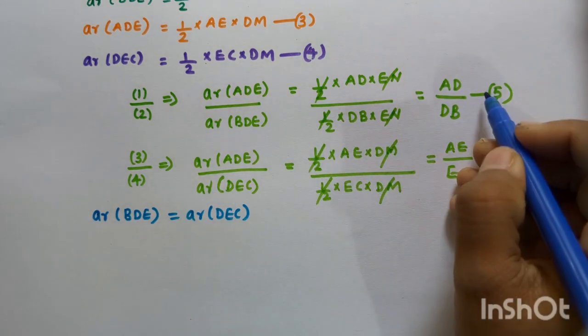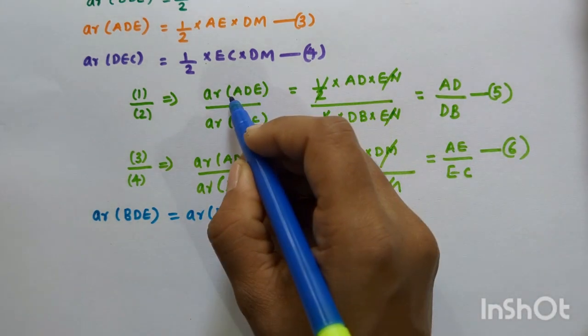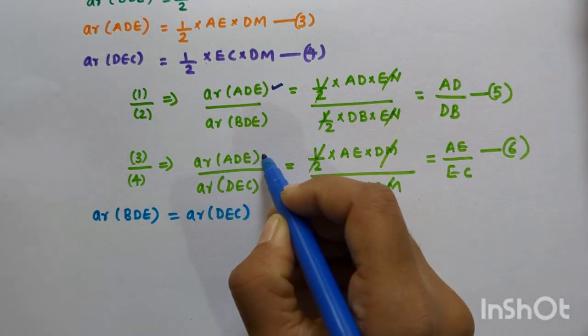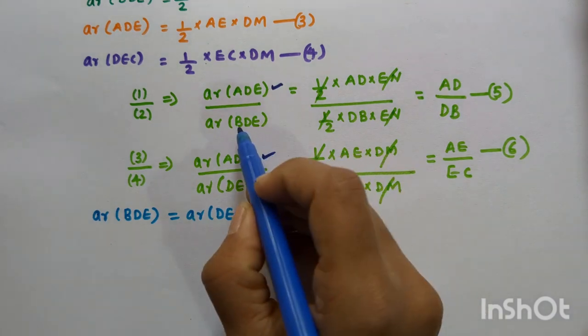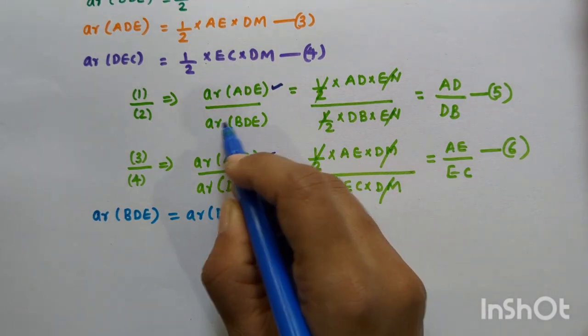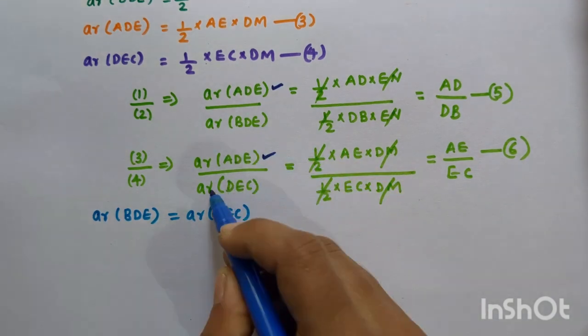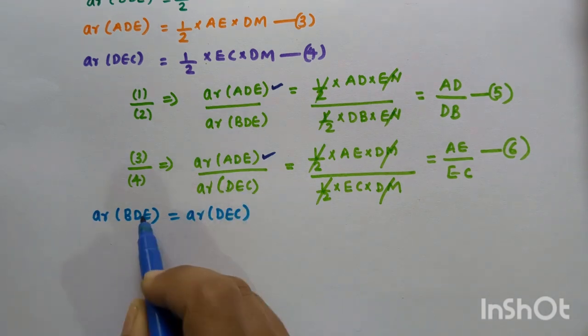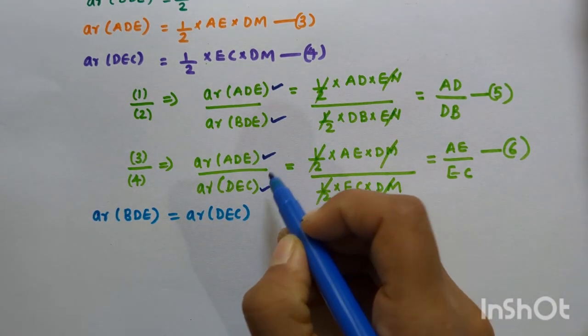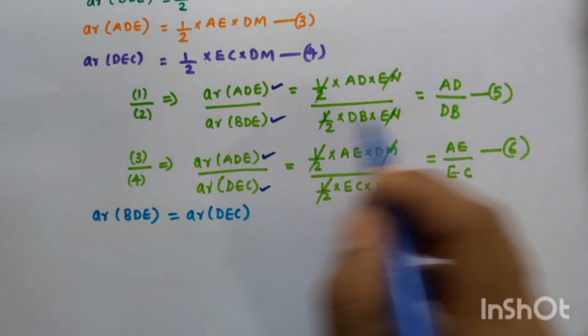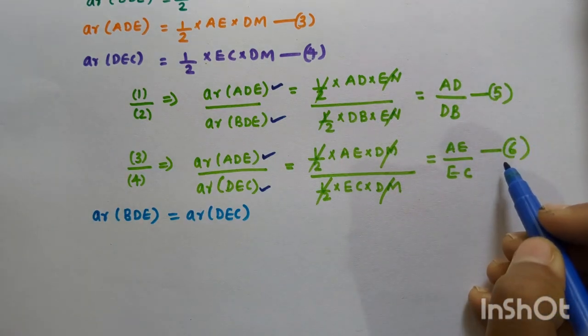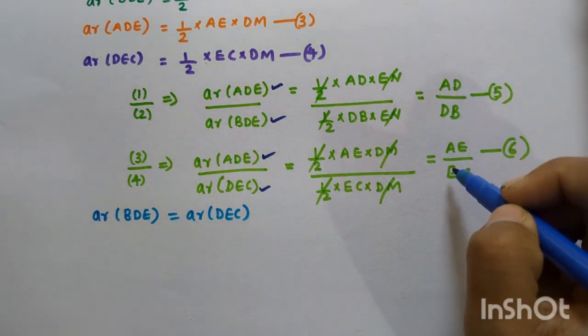So when you consider these two equations, in the numerator we have area of ADE in both, the same. In the denominator, we have area of BDE and area of DEC, and these two are the same. That means the left hand sides of equations 5 and 6 are the same, so we can equate their right hand sides.